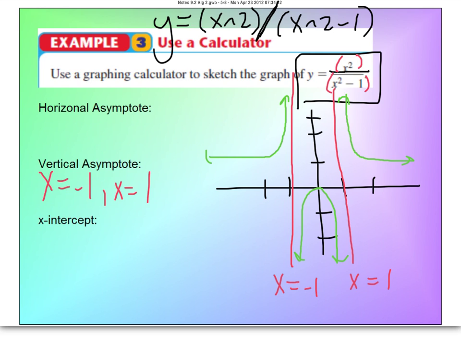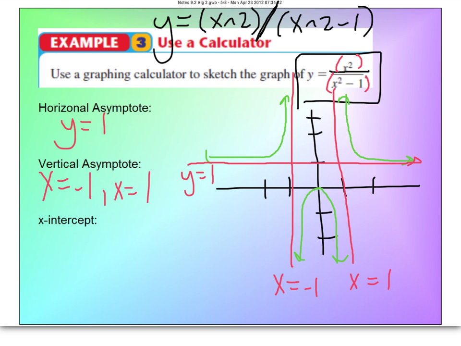Now the horizontal asymptote, you have to be careful, is a little bit higher. It's where these 2 curves at the top get close. It's going to be right here, crossing the y-axis at 1. So the horizontal asymptote is y equals 1.